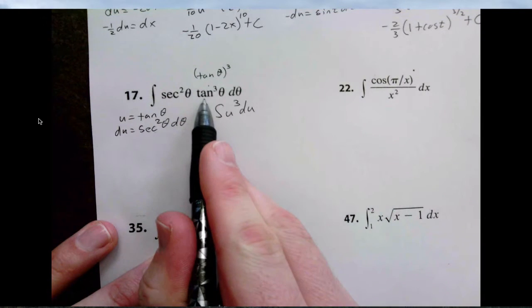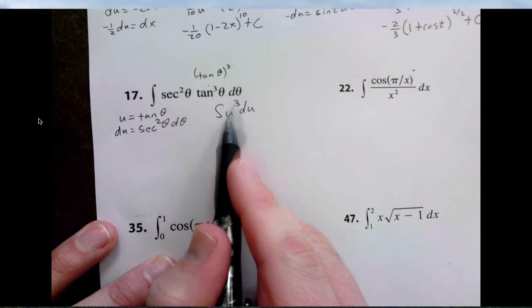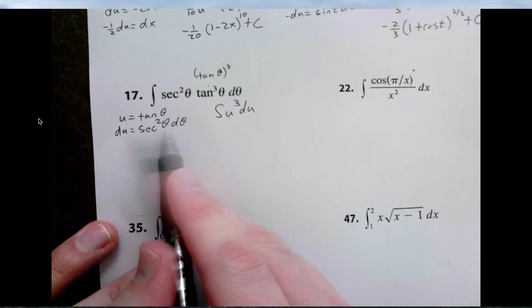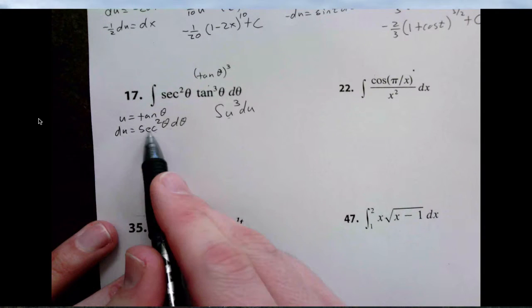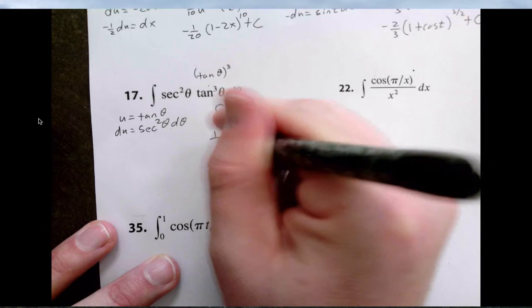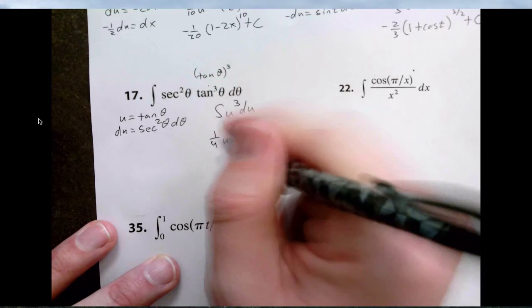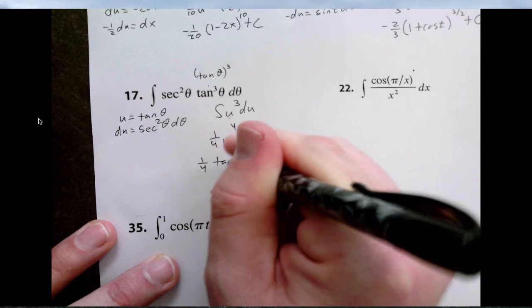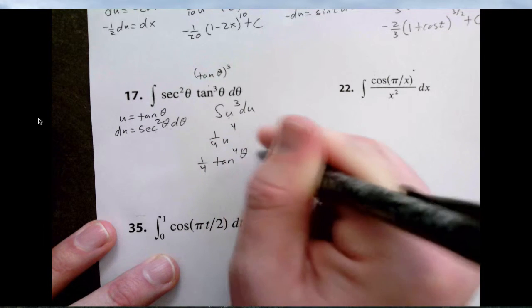The tangent to the third is the u to the third. The d theta and the secant squared theta came from what happens when the derivative is performed from this step to this step. So all of this is replaced by du, which is nice and clean because now I have 1/4 u to the 4th, which I switch back to 1/4 tangent to the 4th theta plus c.